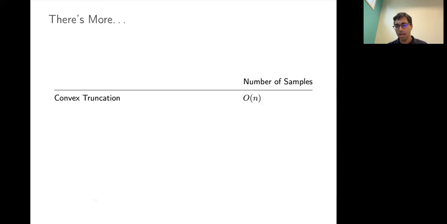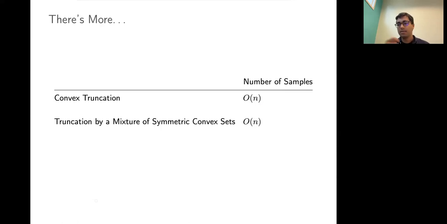And we actually obtained results for some more classes of functions besides just truncation by convex sets. We can handle mixtures of symmetric convex sets. So let's say all 11 participants on this call have a symmetric convex set, and every time someone wants a sample, we fight amongst ourselves to pick one of our symmetric convex sets, and we give them a sample from it.